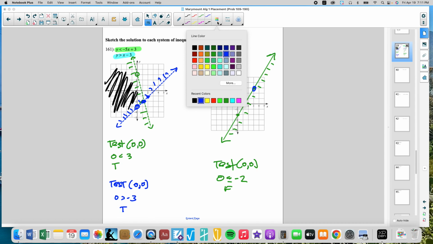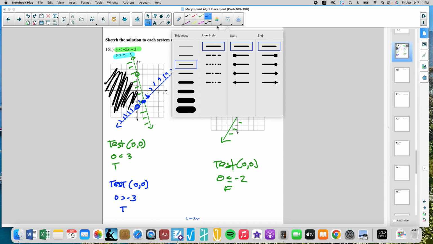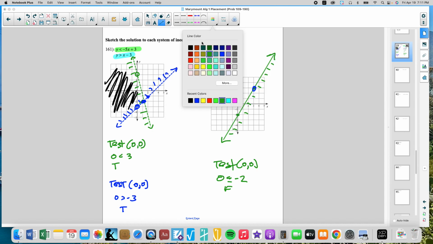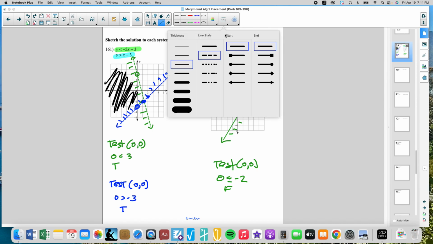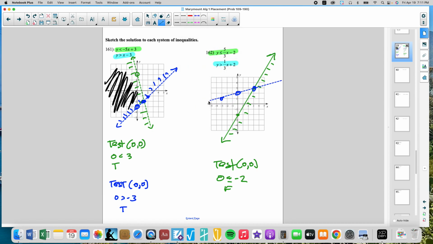Oh, I did a dotted line instead, but I'm going to reverse that because I want a line that is dotted and is blue. There you go. That's a nice, perfect arrows.